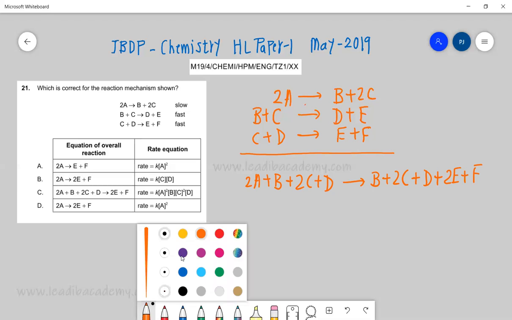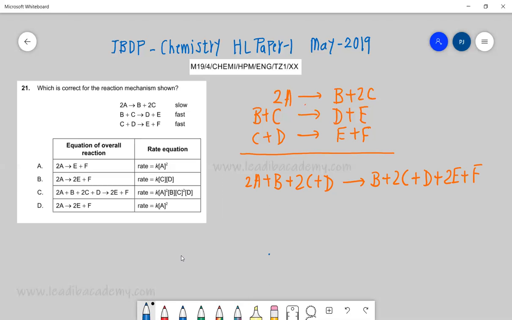Let's start doing some cancellation. The common things: yes, B is on both sides, which means it must be an intermediate. 2C is gone. D is also gone.